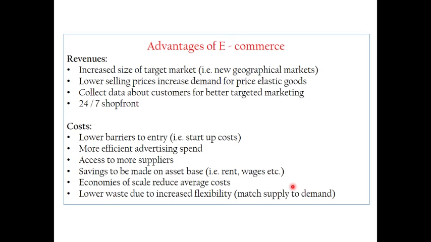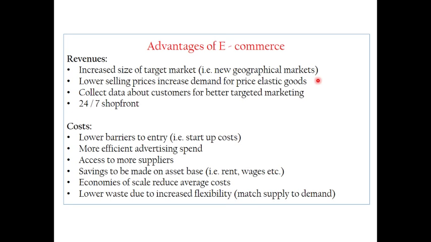So we could split the advantages of e-commerce into two categories. We've got the revenues that can be generated through e-commerce, which would include things like the increased size of target markets, so new geographical markets. If you think about a traditional bookshop that doesn't use any e-commerce, the size of its geographical market is probably the town that they're in and maybe the outlying area.